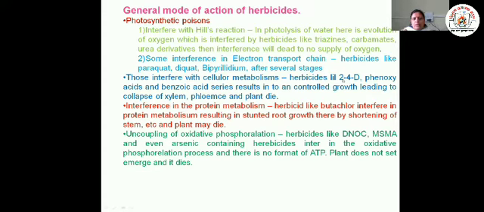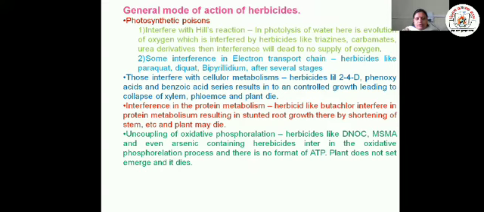These are 2,4-D, phenoxyacid, and benzoic acid series, resulting in uncontrolled growth leading to the collapse of xylem and phloem, and the plant dies. Interference in protein metabolism: herbicides like butachlor interfere in protein metabolism, resulting in stunted root growth, thereby shortening of stem, and the plant may die.